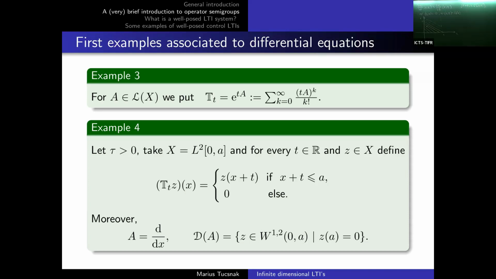And in fact, it goes very far, to very irregular objects that can even be a distribution. But here we are satisfied to say, okay, let us just take z an L2 function, then the shifted z will also be L2. And then the dependence on t has to be continuous and so on. So this is a very natural candidate for the semigroup.